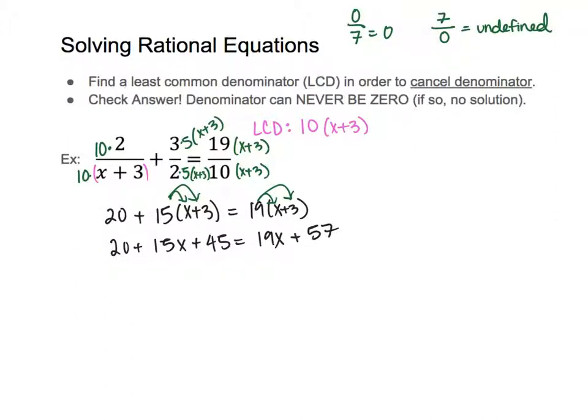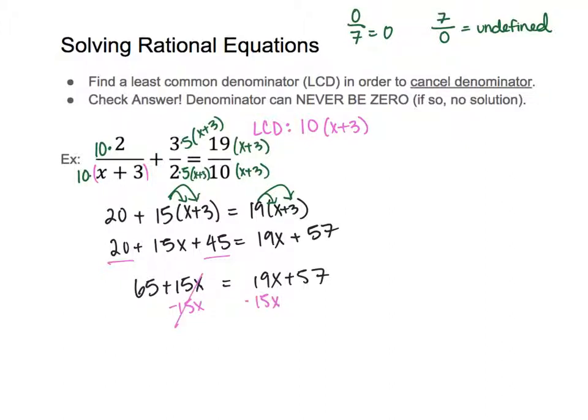From here, I'm going to try to get all the x's on one side, but let's try to collect any like terms here. Like the 20 and the 45 are both numbers, so I can combine them to make 65 plus 15x that I'm going to drop. Perhaps let's move the 15x over to the other side.